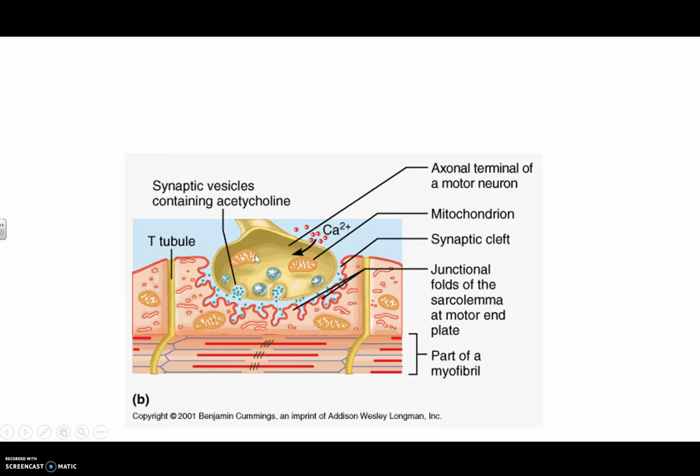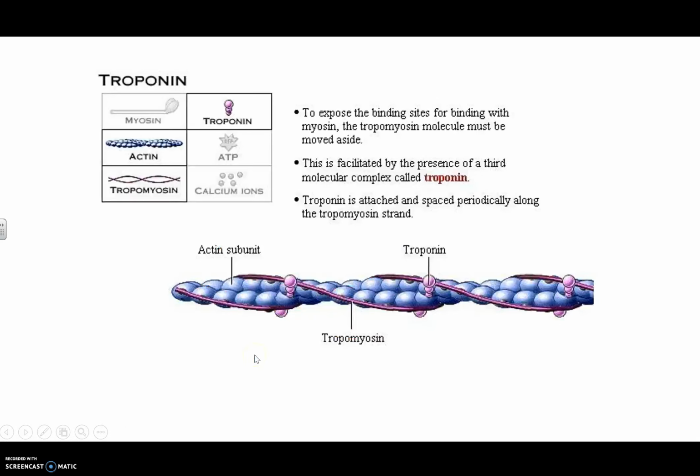When you've decided to write, basically this neuron causes an action potential to come down, and then it causes you to dump the neurotransmitter acetylcholine, which then causes calcium to be released in the muscle.